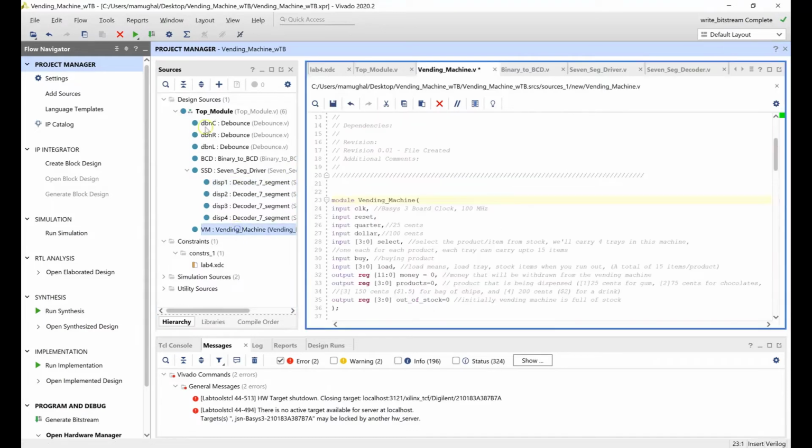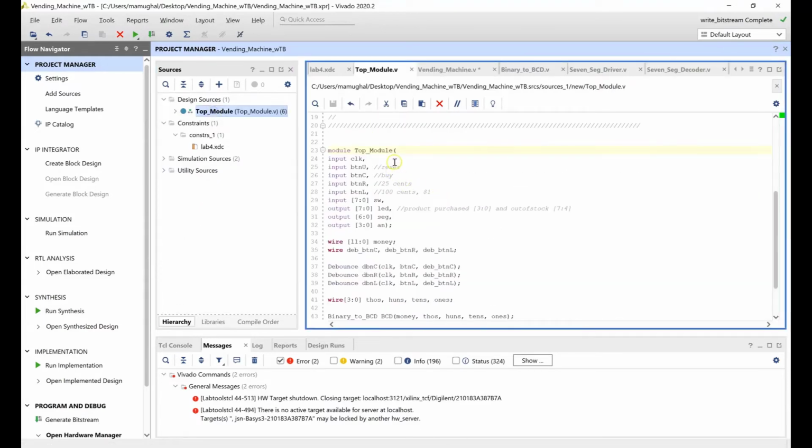Okay, all right. Let's go back to the top module. In the top module, you got the clock, the reset button, the buy button, 25 cents, 100 cents. Then we got the switches. You got 8 switches. Remember that the first 4 switches are for selecting the product and the remainder of switches are to load the product.